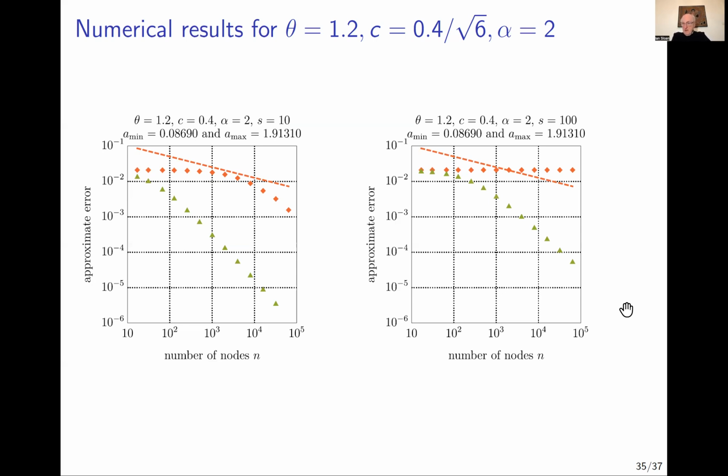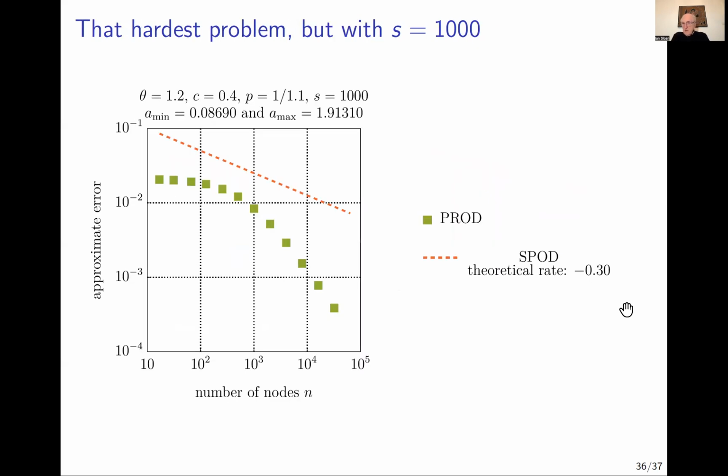So he went away and came back a week or two later with results for S equals 1,000, using serendipitous weights, and we can still do it. So we have nothing to compare with now, except our own calculations, of course, with even more points in our approximation.